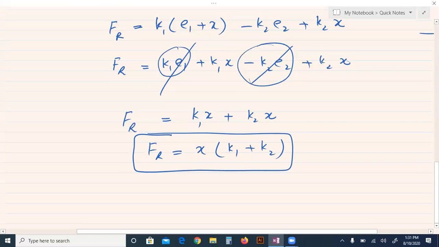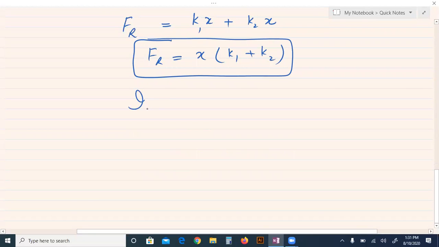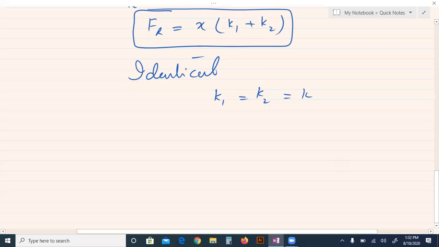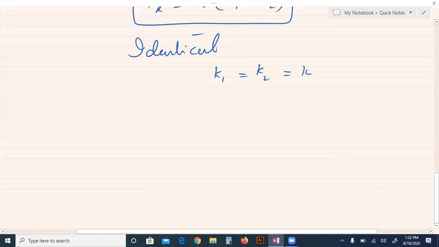Now, if the springs are identical, then K1 is exactly equal to K2 and they can be represented by K. So in this situation, the resultant force will be K plus K times X, which is 2kx.